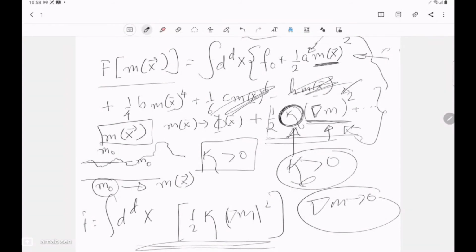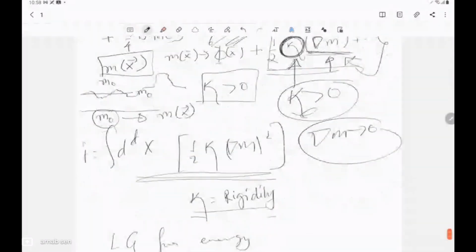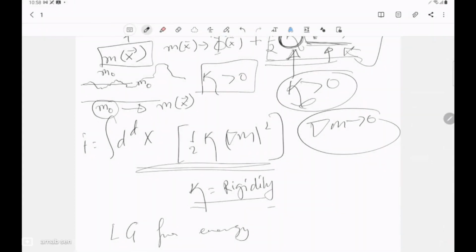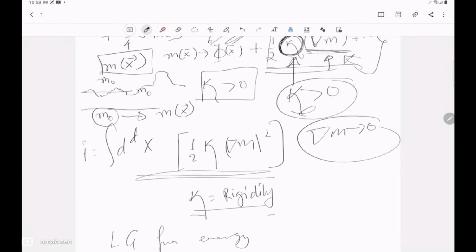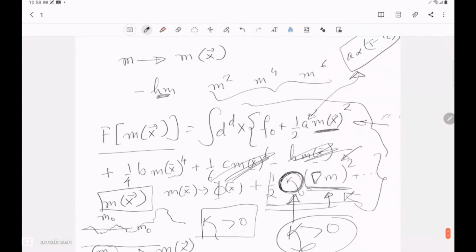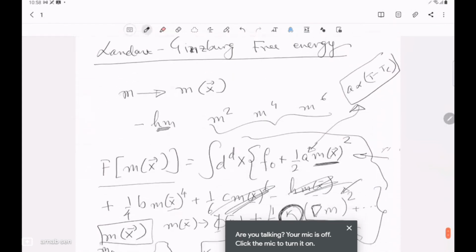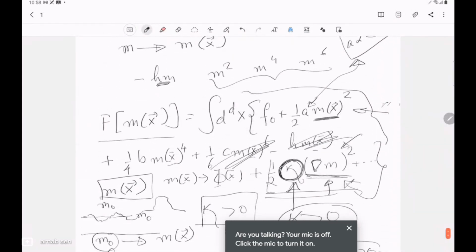Okay, maybe it does act as a source to itself. I'm not familiar with this language, but maybe you're saying the correct thing. But it's an interacting theory. It's not a free theory. Any theory which is more than quadratic is not a free theory. That's it.